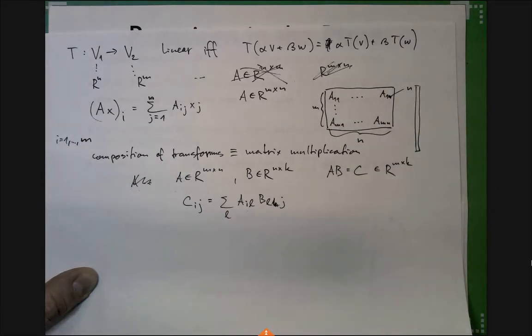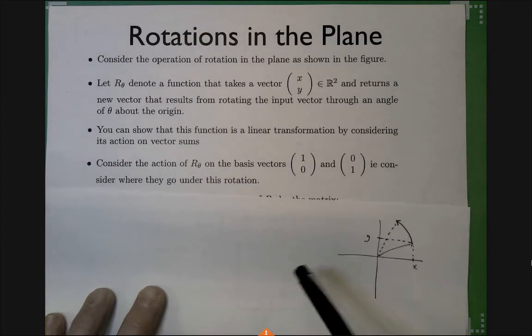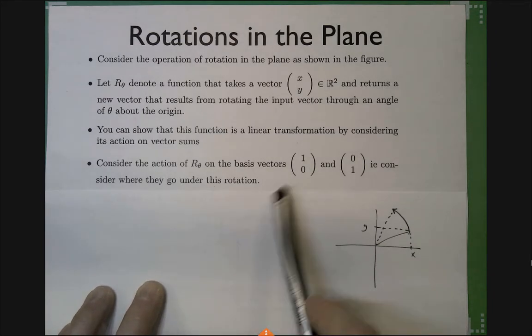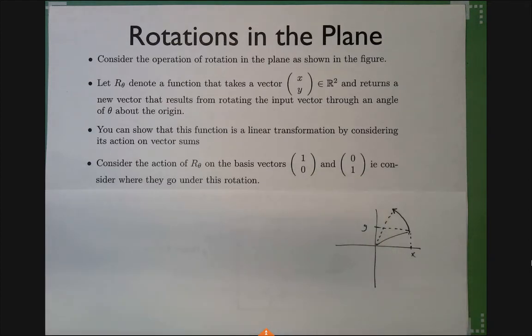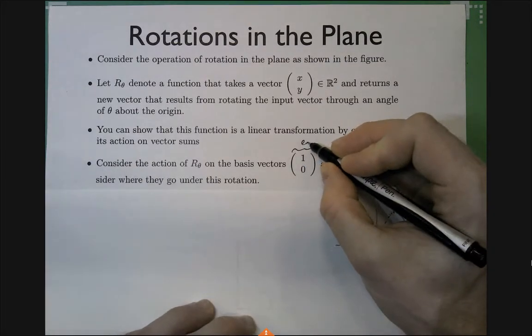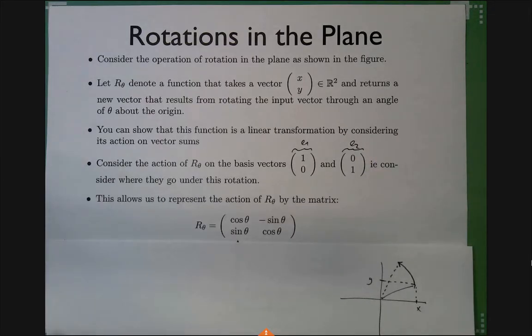Again, reminding you one more thing from last time. So the same thing goes for rotation. The standard basis in R2 is really simple. Those are these two vectors. Sometimes I was denoting them as E1 and E2, but they are just this in 2D.